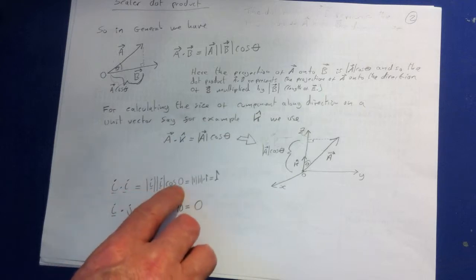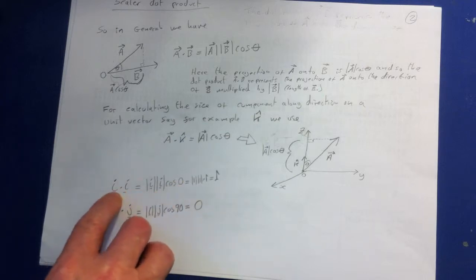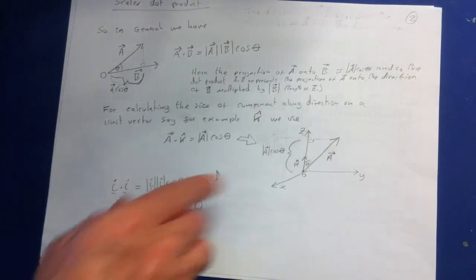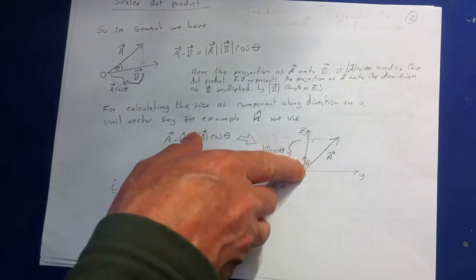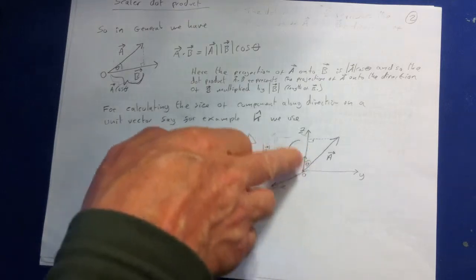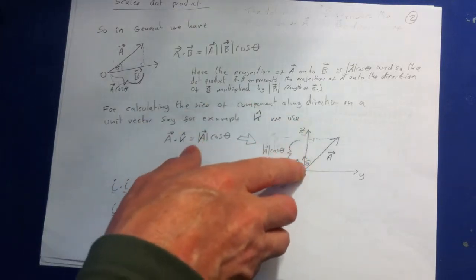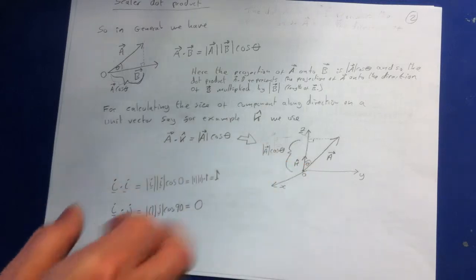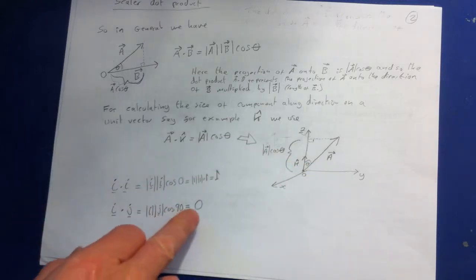You know that cosine 0 is 1, so that means that anytime you multiply I dot I, you get 1. And anytime you multiply any other unit vector with a unit vector that's 90 degrees to it, which you can say in this right-handed set, so if I multiply vector I with j, that's a 90 degree angle, so I'm going to get cos of 90, which is 0.